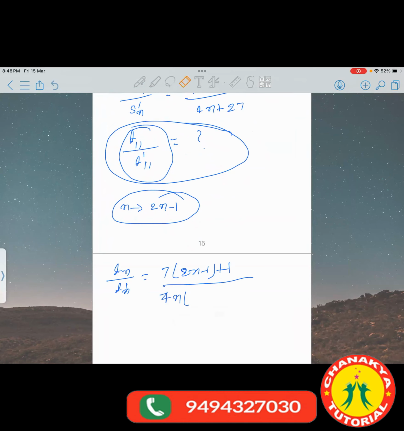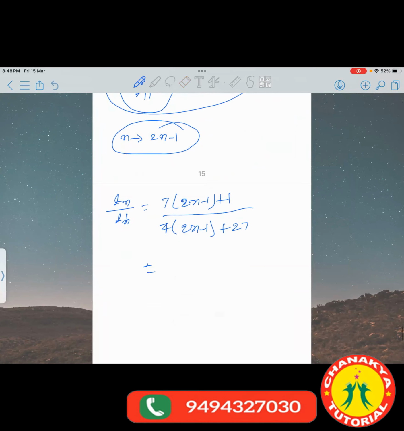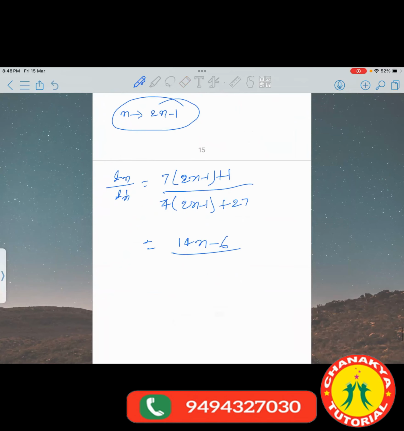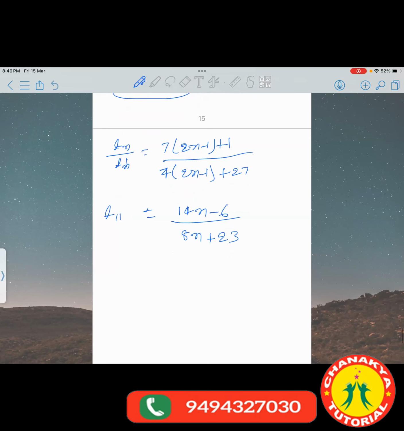So we get 14n minus 7 plus 1, that is 14n minus 6, upon 8n plus 23. So now put n is equal to 11, because we need to find the T11 ratio. So we get 14 into 11 minus 6 upon 8 into 11 plus 23. So this will be the final answer. I think you can solve it.